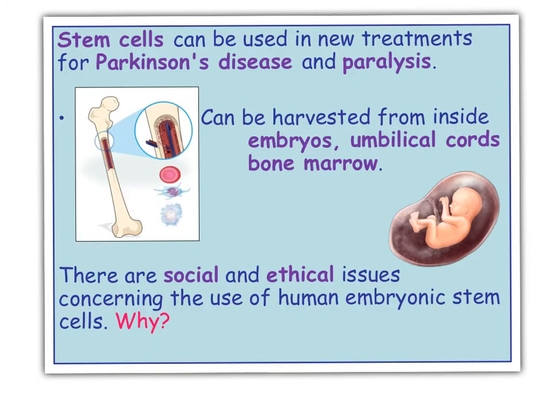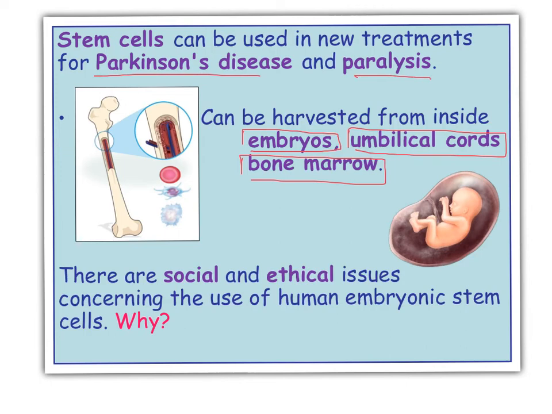Now, what scientists want to do is use stem cells in treatment. So they want to harvest stem cells from a variety of different places: embryos, the umbilical cord, and also from adults in their bone marrow. And they want to harvest these stem cells so they can treat particular diseases.